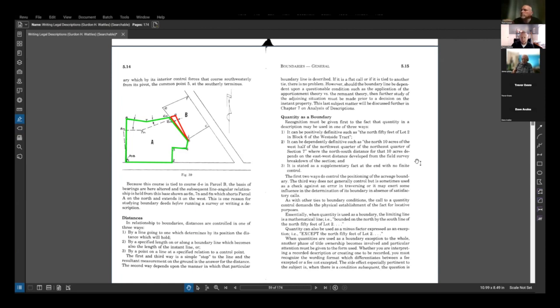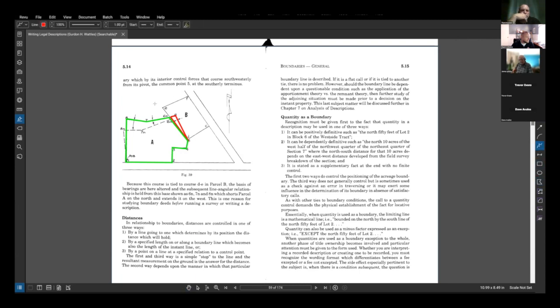So what that means is, had this description, instead of going on to tract B, fallen short of tract B, then the deed would contain not only what was included within the bounds of the bearings and distances, but it would also contain all of that property that lies between the two parcels where the grantor said that they should meet.